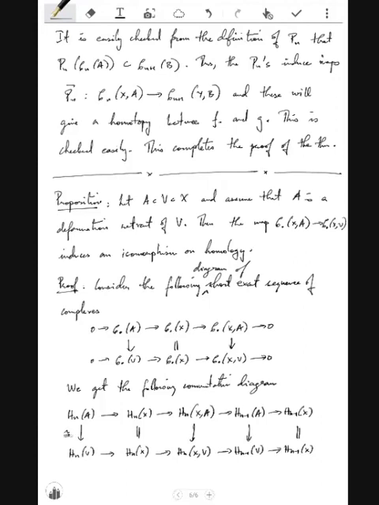So because V deformation retracts onto A, these maps are isomorphisms. And now the proposition follows using the 5 lemma.